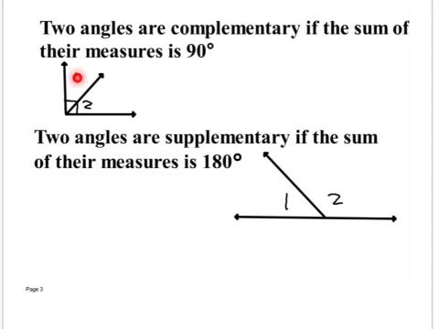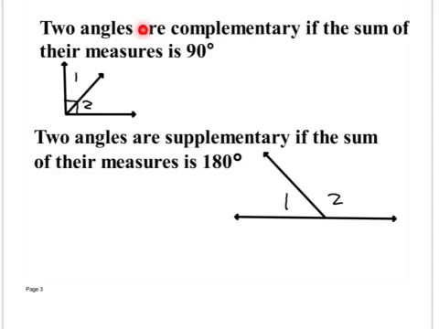Two angles are supplementary if the sum of their measures is 180. If you look, angle 1 and angle 2, what do they add up to? 180. So they're supplementary. Now, does this say they have to be adjacent? Does anywhere in here say they have to be touching each other?